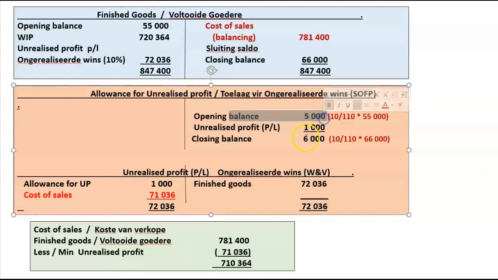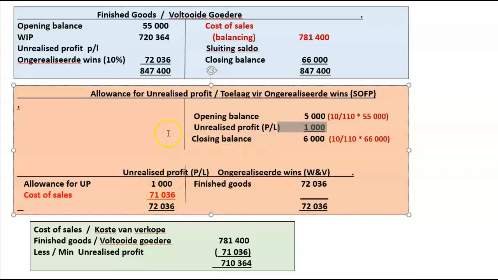So how do I get from 5,000 to 6,000? By passing a credit entry of 1,000 rand. So I will credit the allowance for unrealized profit with 1,000 rand, and I'm going to debit my unrealized profit P&L account with 1,000 rand.